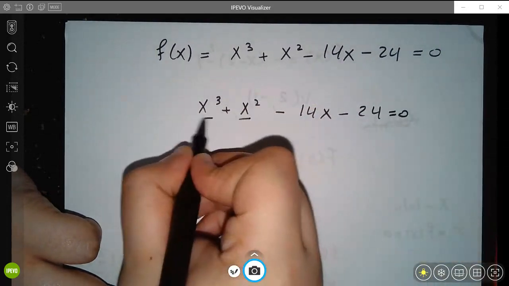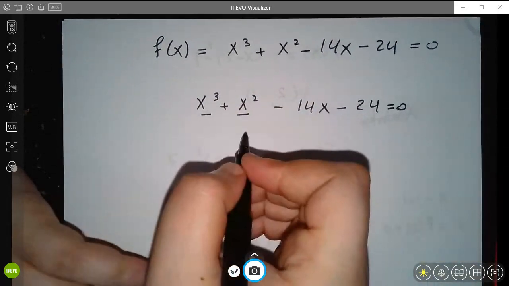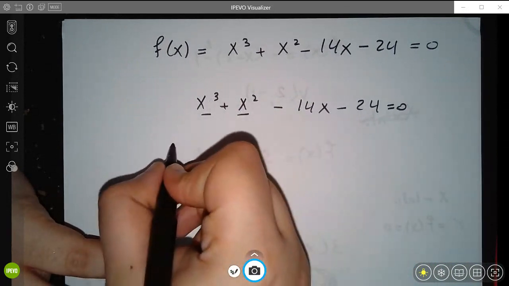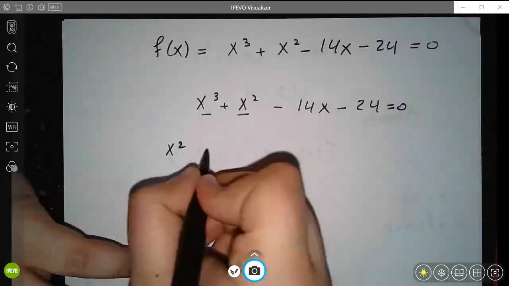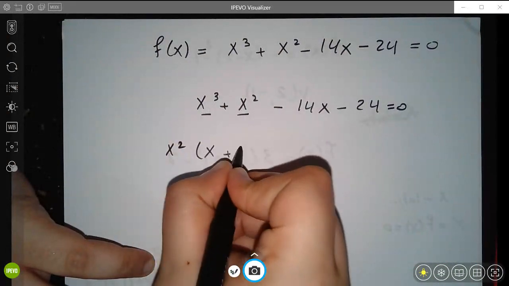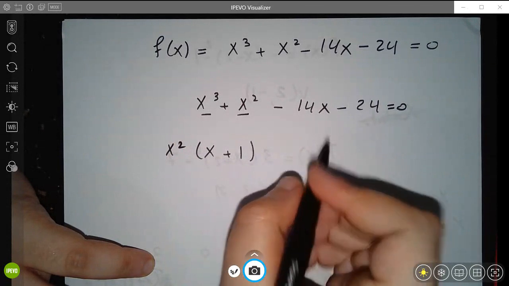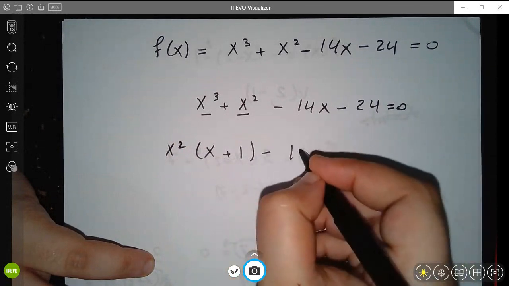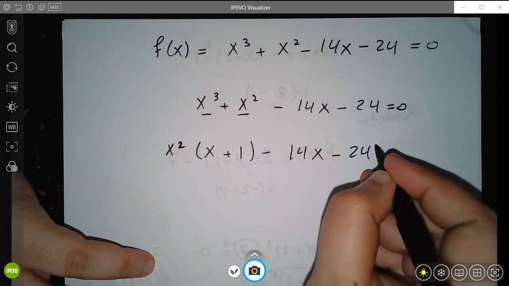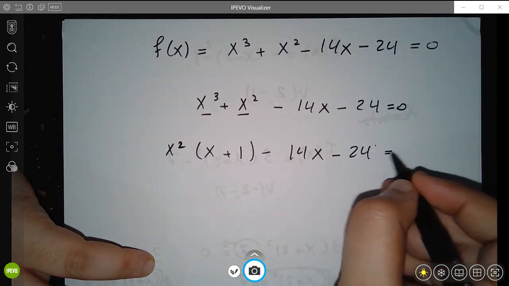Now if I grab the first two right here and take x squared as a common factor, you end up with x squared on the outside, and inside you have what? X plus 1, right? Minus 14x minus 24 equals 0.